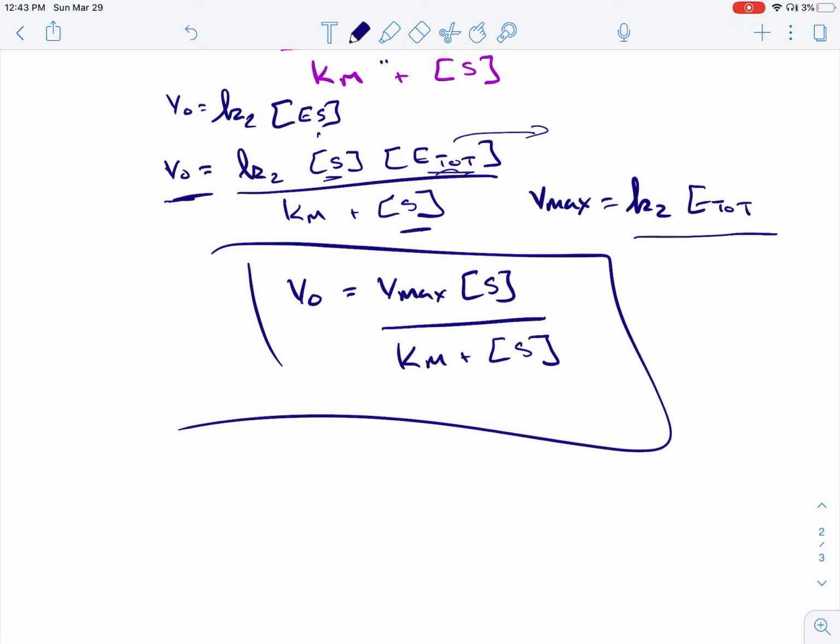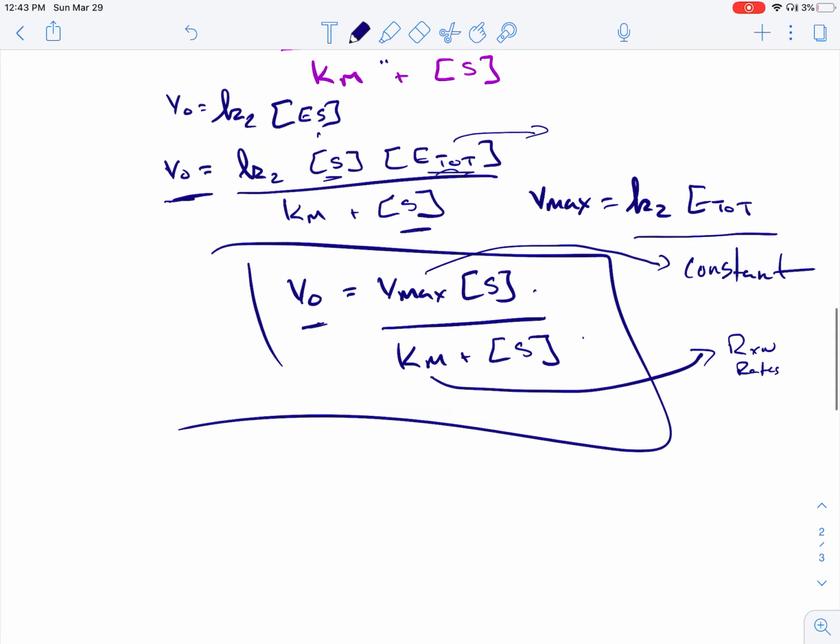We have expressed the reaction rate as a constant that is a function of the actual reaction between the enzyme and the substrate, another constant that is a function of the total reaction rate, and then substrate concentration.